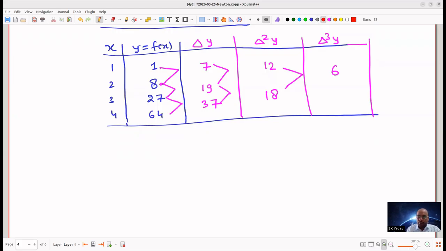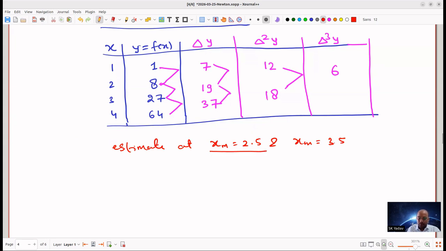So in the first one, we have to estimate the value at x equal to 2.5 and x equal to 3.5.